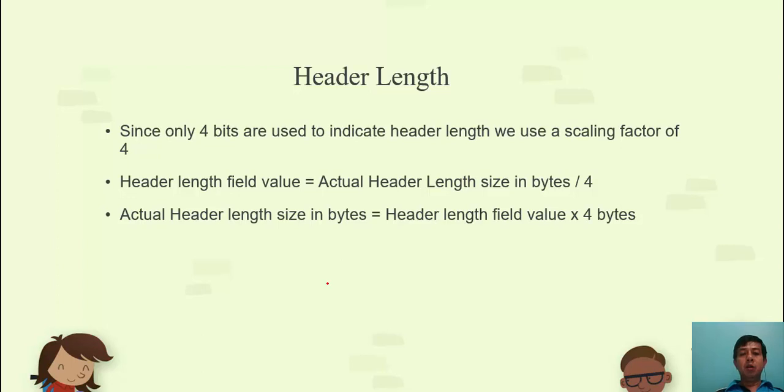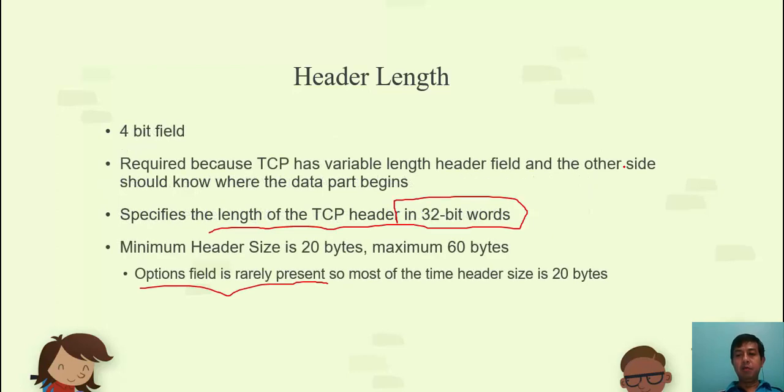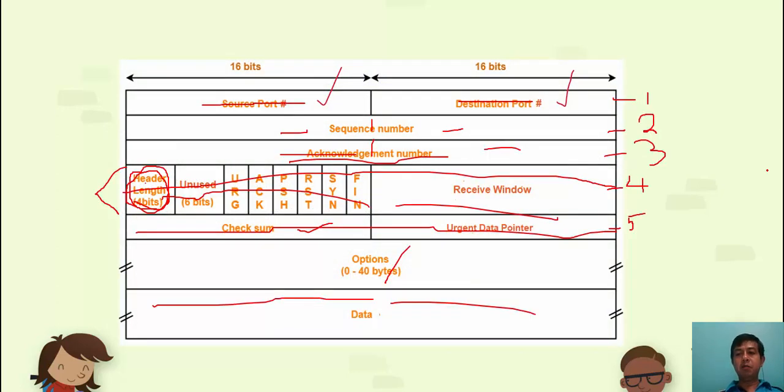So if you are asked to provide the value of the header length field, you should divide the actual header length by 4. If I have 20 bytes without the option field, what would be the value in the header length field? 20 bytes divided by 4 is equal to 5. So we have already seen here 5 32-bit words.